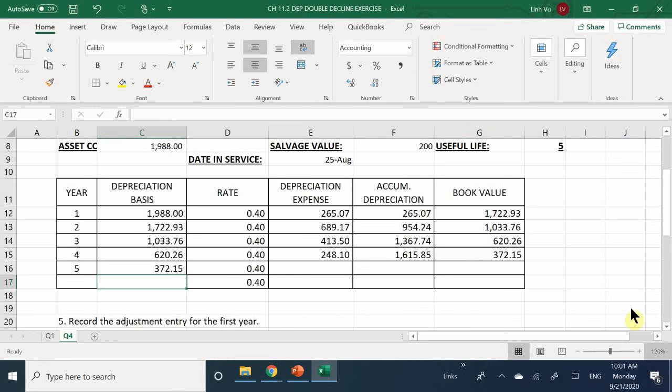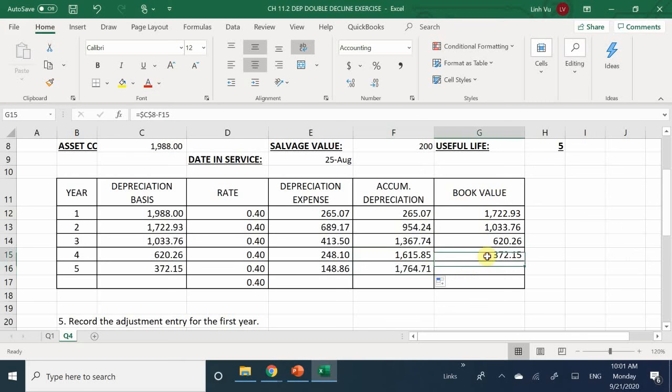All right, and what's my depreciation expense going to be for year 5? 148.86. And what's my accumulated depreciation going to be? 1764.71.